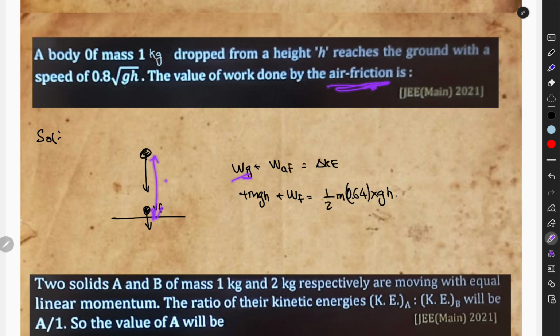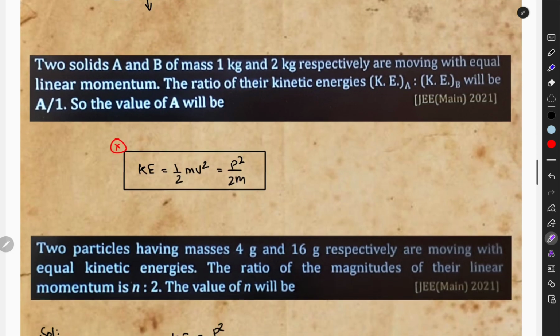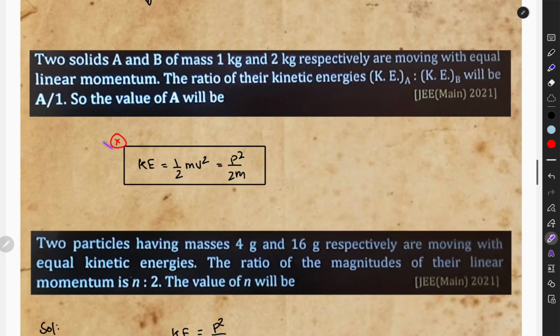Due to gravity, since it is h distance away from the surface, you will have mgh, plus work done by the friction, which will be equal to the change in kinetic energy, because no other forces are acting other than these two forces. So this minus this will be basically equal to work done by the air friction. This is an important formula, just try to remember this.